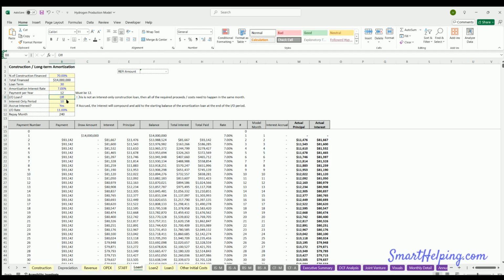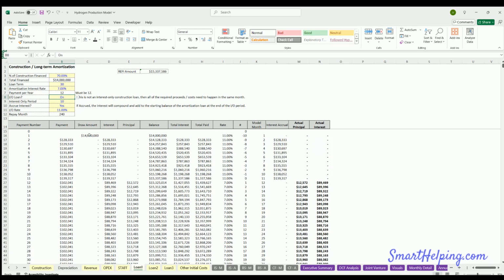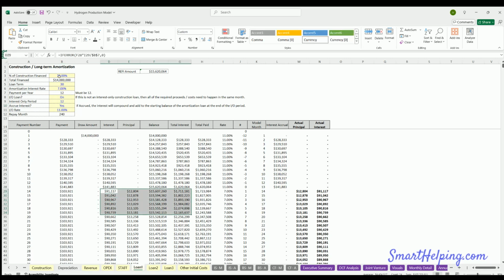Now, if we have interest only on, and let's say this might be if you're drawing on it over time and your interest changes, and there's, let's say, a 12-month interest only period, and then it converts to a P&I loan at some point in the future, you can define all your terms here.